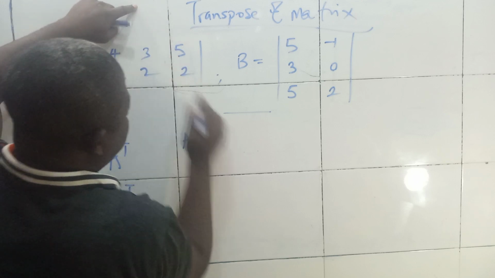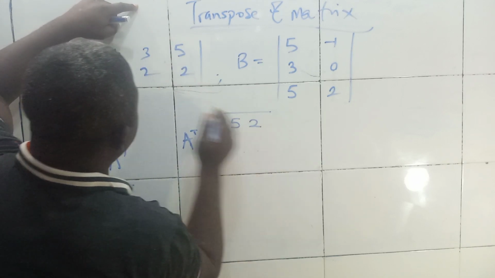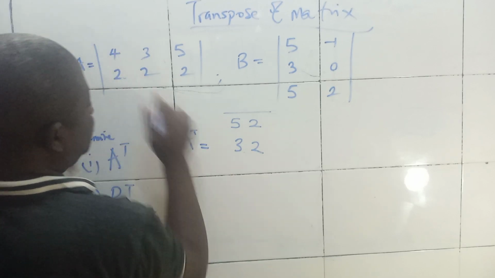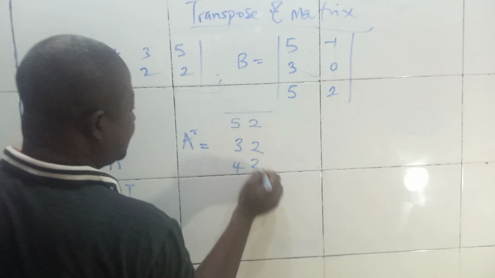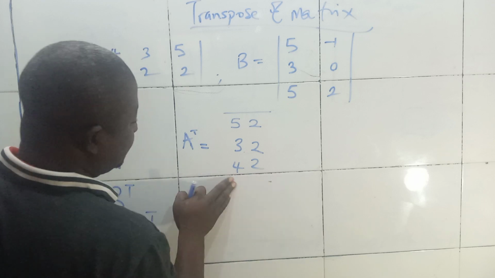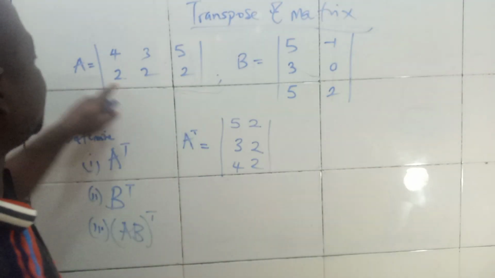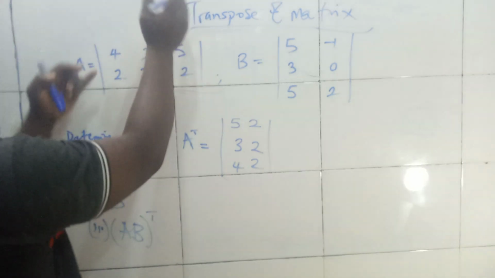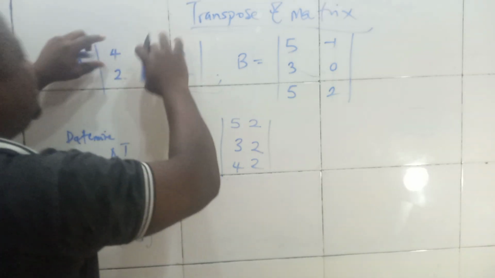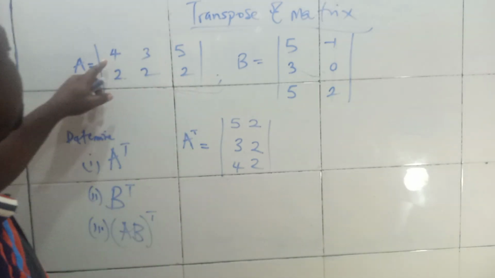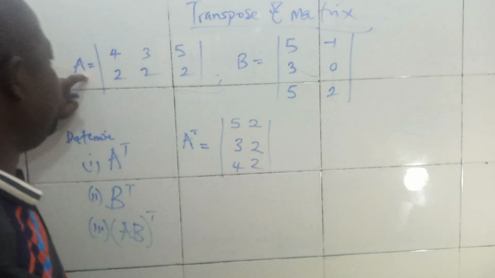What will follow it? 5, 2. What will follow it? 3, 2. What will follow it? 4, 2. So just like that, very simple. You can now rub this up and return it to the side. Just bend it back, straighten this. This is sleeping, just erect it. So that is the A transpose of this matrix A.